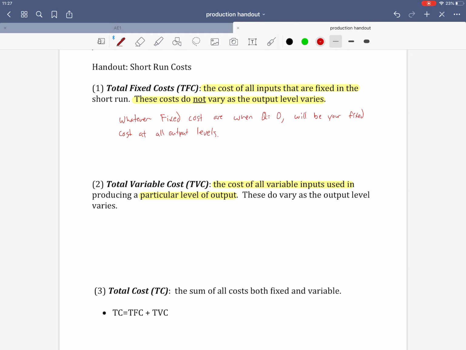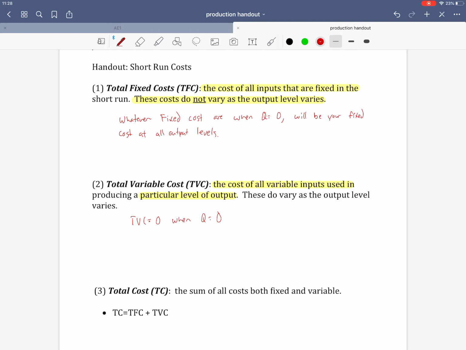Now, when your quantity is 0, if you're not producing anything, then you will not have any variable costs. So what we'll see is that total variable cost is going to be equal to 0 whenever our quantity is equal to 0. Because once again, if you're not producing anything, you're not going to have any costs that are associated with that.